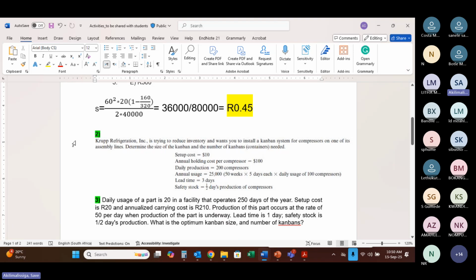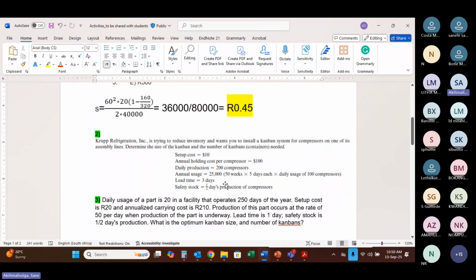Now, question number 2 says that Crab Refrigeration Inc. is trying to reduce inventory and wants you to install a Kanban system for compressors on one of its assembly lines. Determine the size of the Kanban and the number of Kanbans or containers needed.